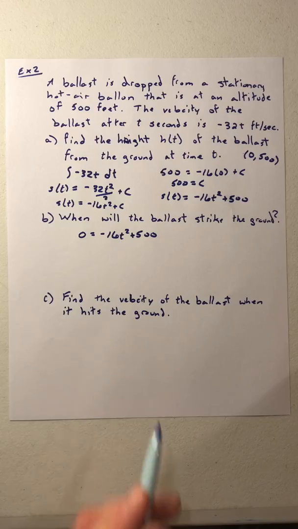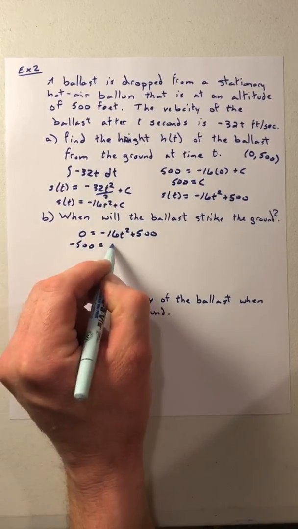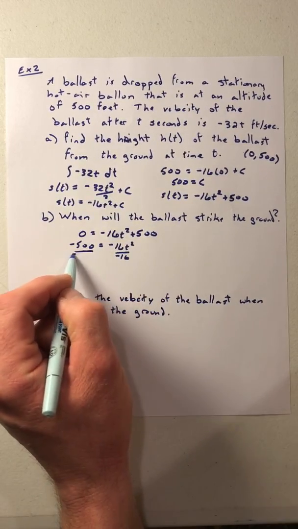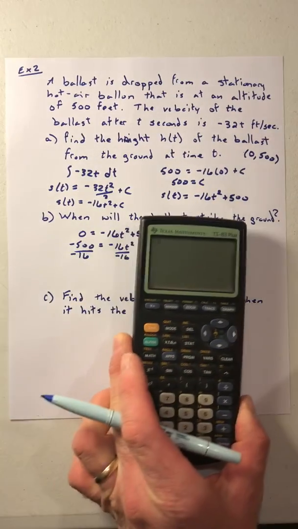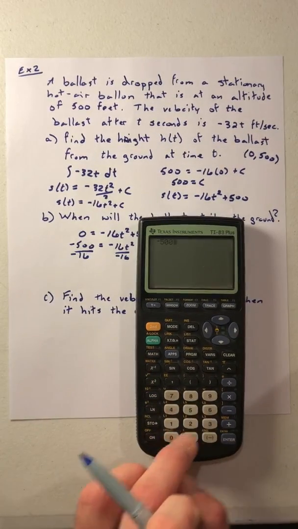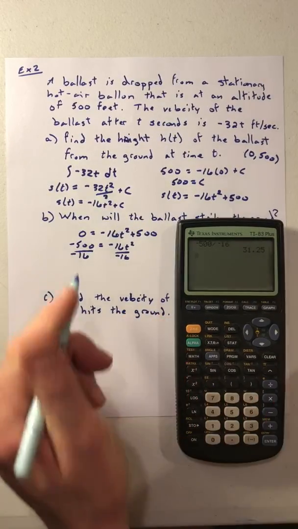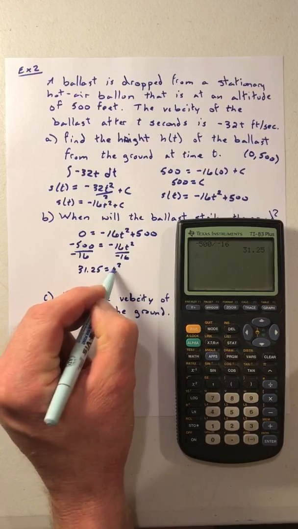Now I can go ahead and solve for t. I can subtract my 500, so negative 500 equals negative 16t squared, divided by negative 16. Throw that into my calculator. Negative 500 divided by negative 16 gives me 31.25, and that gives me t squared.